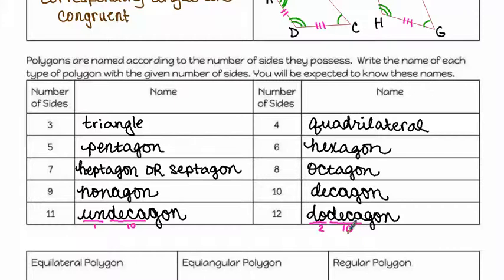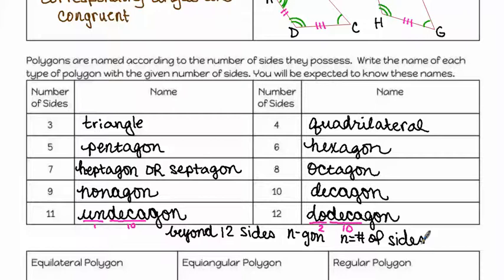Now anything beyond 12 sides we refer to as an n-gon, where n is the number of sides. So something with 14 sides would be a 14-gon, and a 15-gon, and a 16-gon, and so forth.